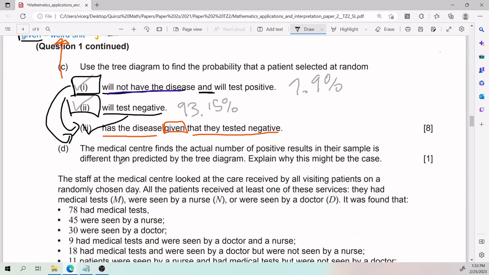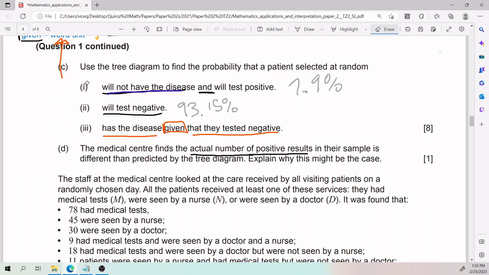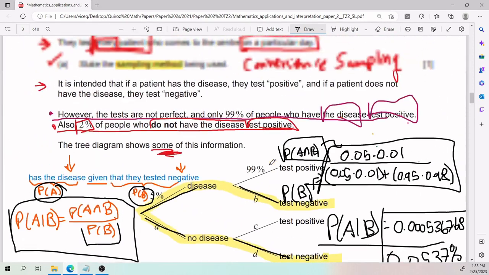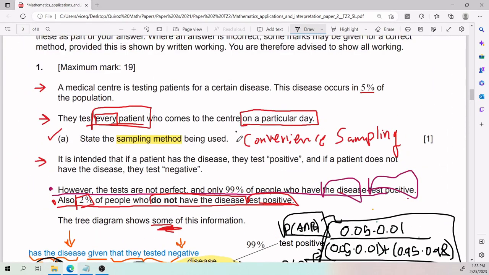Then they tell us that the medical center finds the actual number of positive results, because again, these are just probabilities, but the actual number of positive results in their sample is different than predicted by the tree diagram, and we need to explain why this might be the case. Now, for these scenarios, there are a lot of different explanations that you can give. The most direct one, I think, is that the sample was for convenience, as we said earlier, because it's the easiest path, and the easiest path is usually not the best path, unfortunately.